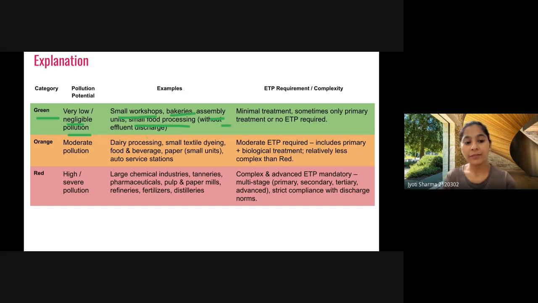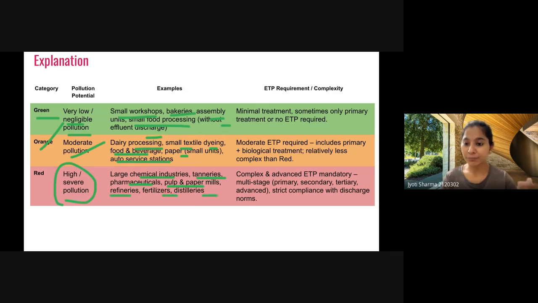If an industry comes under orange, then it will emit moderate pollution, and industries may be dairy processing, small textile, dyeing, food and beverages, paper, and auto service stations. And if an industry comes under the red category, it is emitting very high or severe pollution. Examples may be large chemical industries, tanneries, pharmaceutical, pulp and paper mills, refineries, fertilizer and distilleries.